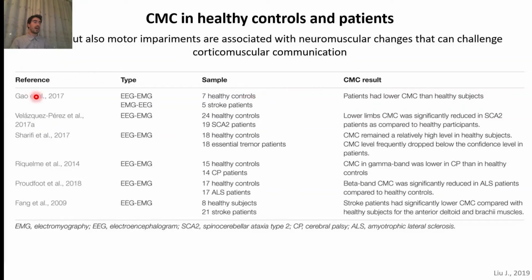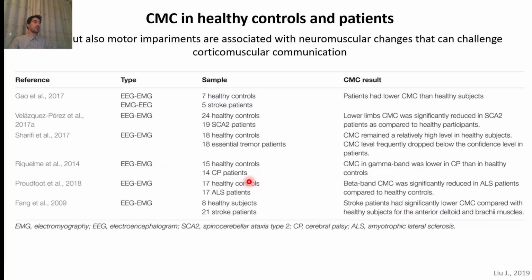And for instance, Gao et al. show that patients had lower CMC than healthy subjects. If you actually compare with cerebral palsy patients, for instance, you can say that CMC in gamma band is lower in cerebral palsy than in healthy controls.